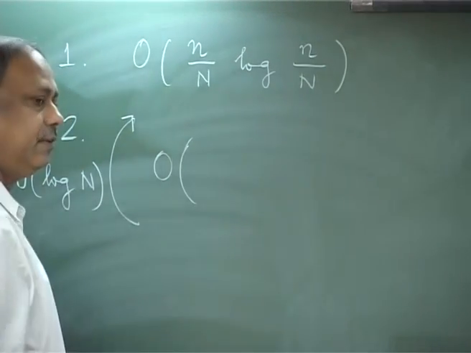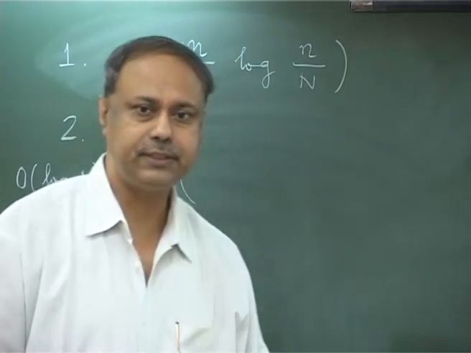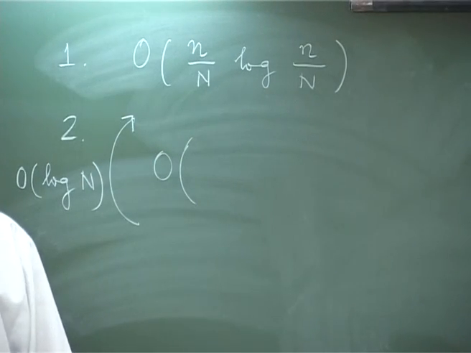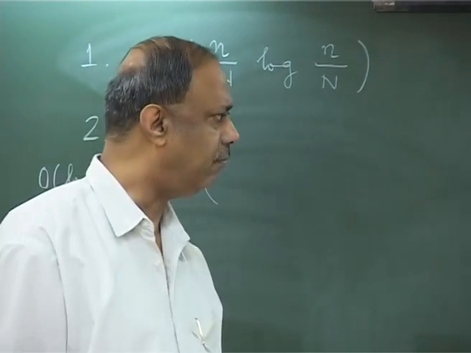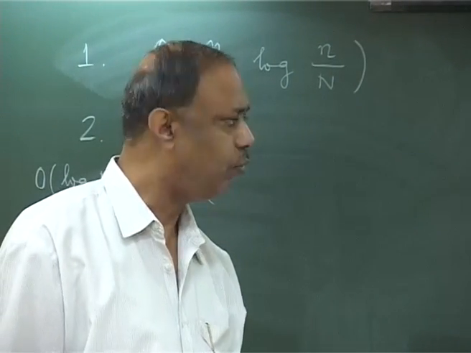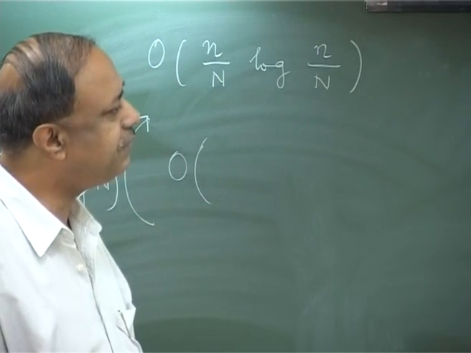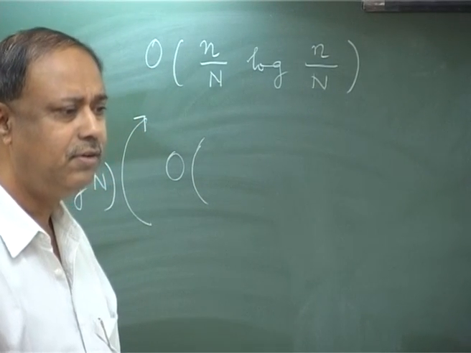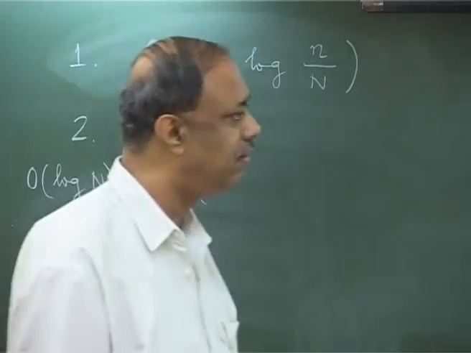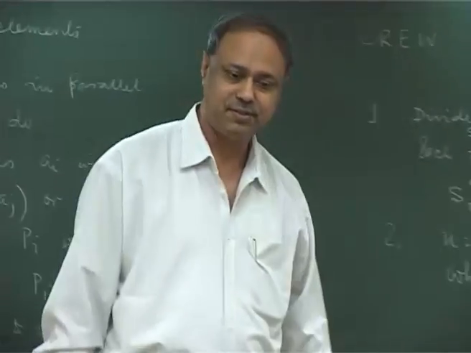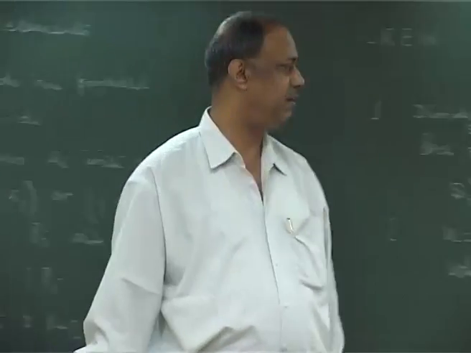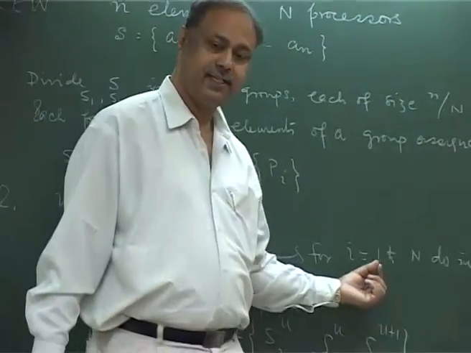What is the time? You see the merging of two sequences, we discussed this one. So the merging is outside the for loop. Where is the for loop you are looking at every time? For i equals 1 to n, do in parallel. What do you mean by this for loop? First you tell me, what do you mean by this for loop?